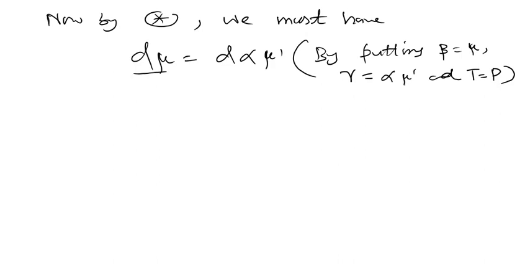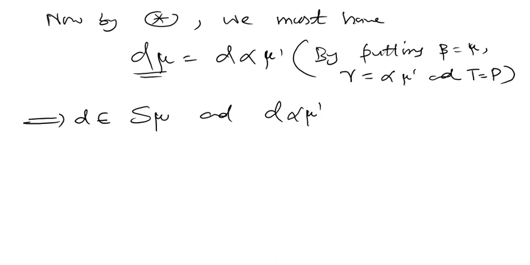So where does d mu belong? D is in S, so d mu belongs to S mu. And this d alpha mu prime, what is this?